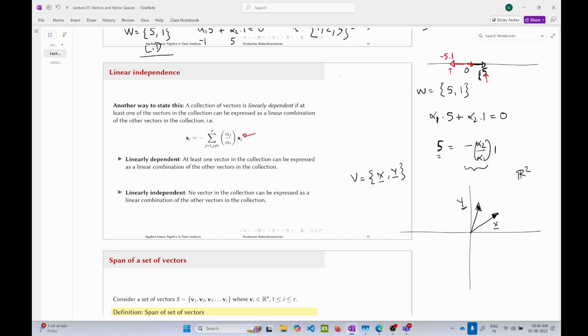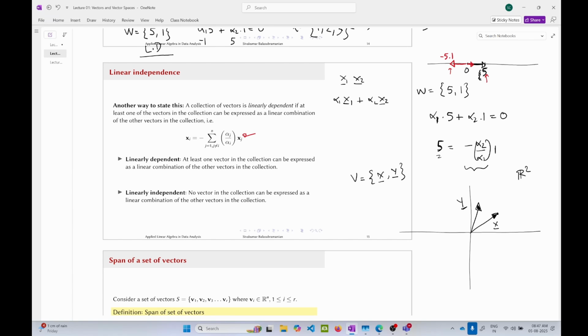Now, if you have two or more vectors x1 and x2, when I say I'm taking a linear combination of x1 and x2, you know what that means. It means I'm taking x1, multiplying it by some alpha 1, and then adding it to alpha 2 times x2.